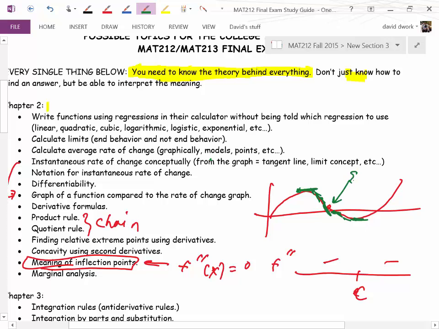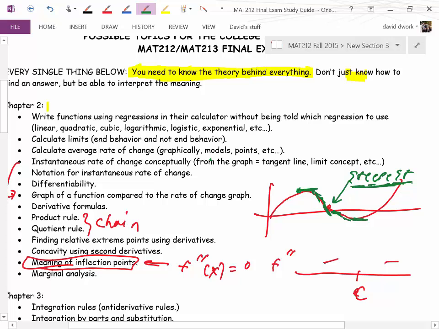So if this is the steepest slope, then what does that mean? What does it mean to be the steepest slope? Well, if it was, let's say, a position function, the derivative of that would be speed, it would be velocity. And if that's where it's steepest, then that's where you're going the fastest.